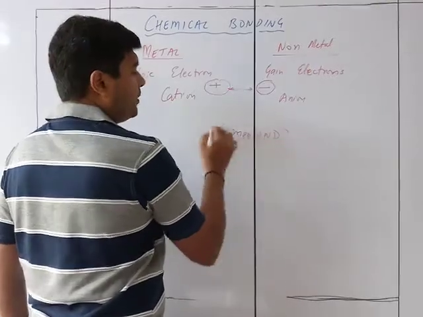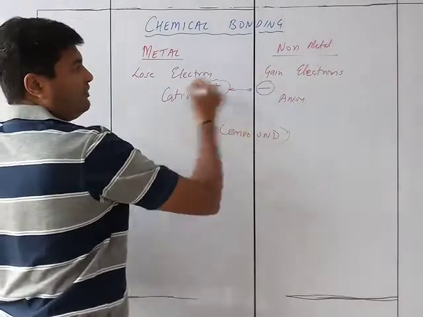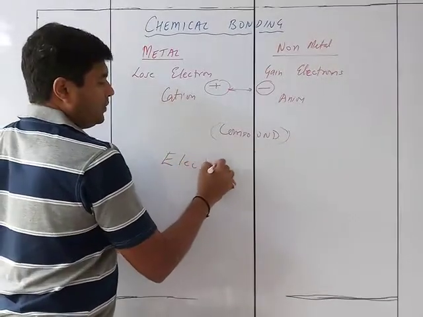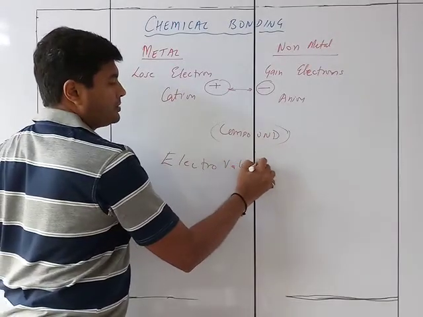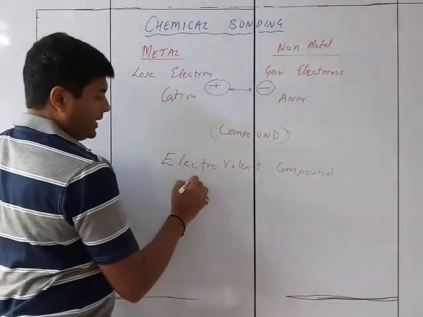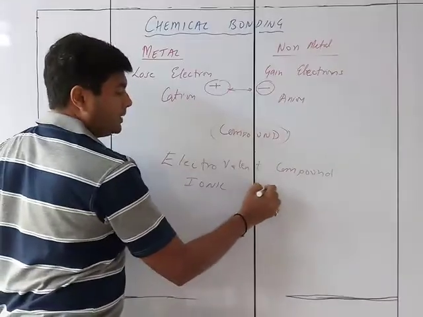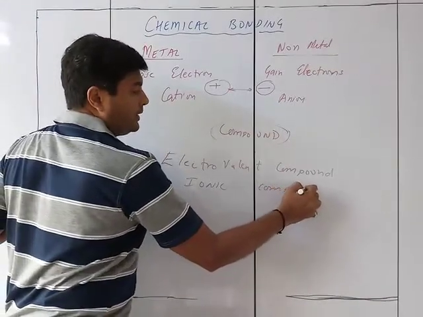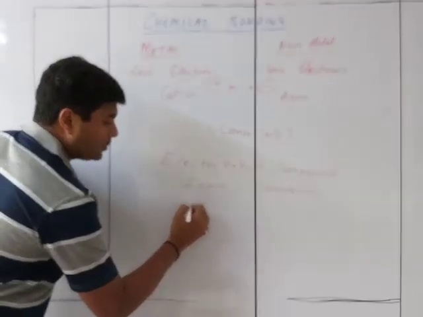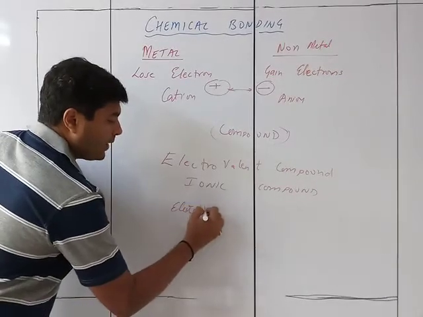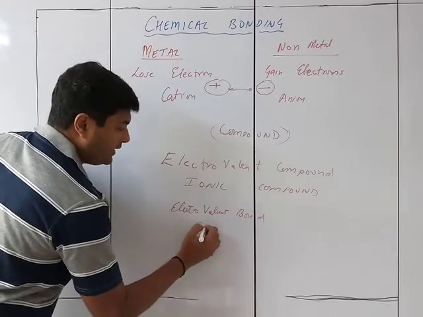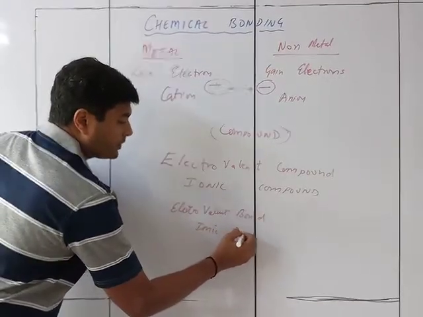Such a compound formed due to transfer of electrons is called an electrovalent compound or ionic compound. The bond will be an electrovalent bond or ionic bond.